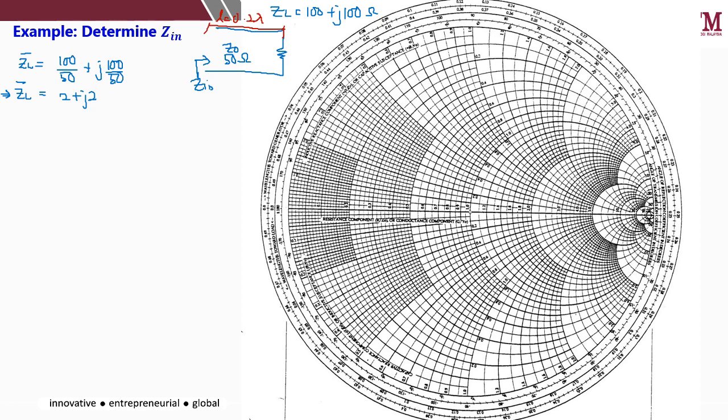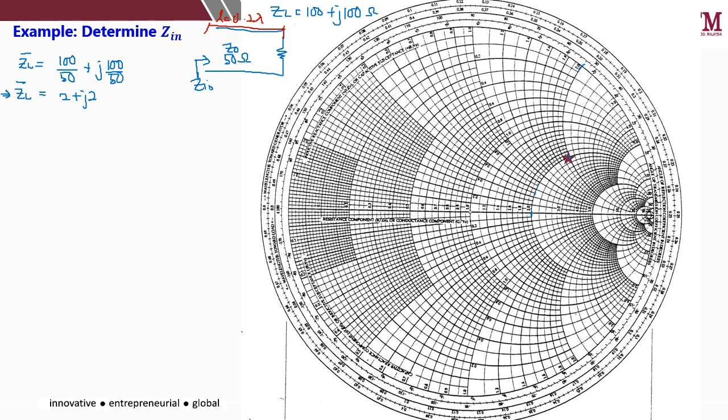Okay, so you plot the value into your Smith chart. So ZL is 2 positive j. So 2 is here, and then positive j2. Okay, so you'll get your impedance there, the normalized impedance.